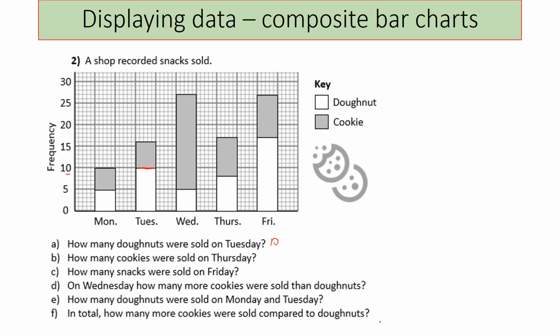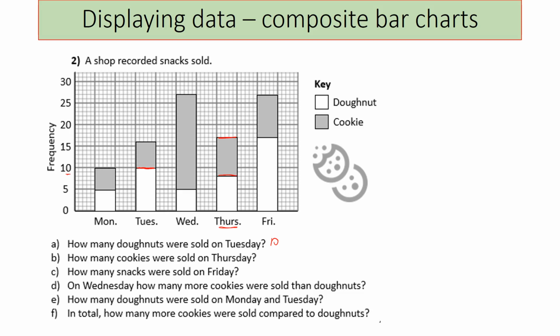How many cookies were sold on Thursday? I'm interested in the gray area of the bar, and I'm looking at Thursday. So it's from here to here. Now you could count how many tiny squares you've got here, because each tiny square is 1. You need to look at the scale carefully to work it out.